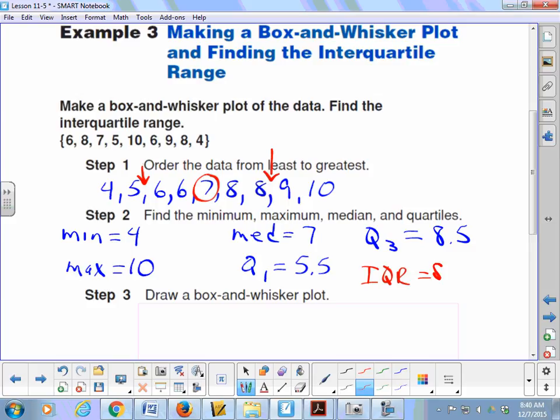So this would be 8.5 minus 5.5, which is 3. So the IQR is 3, which means that the width of my box for my box and whisker plot is going to be a length of 3, from 5.5 to 8.5.